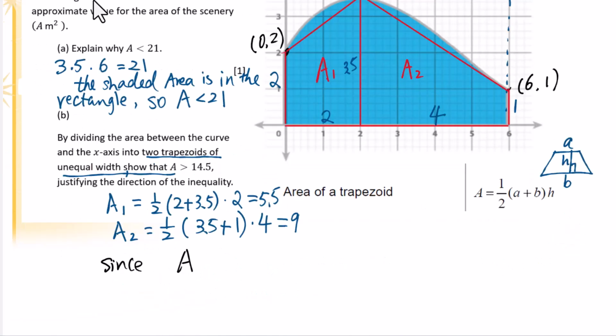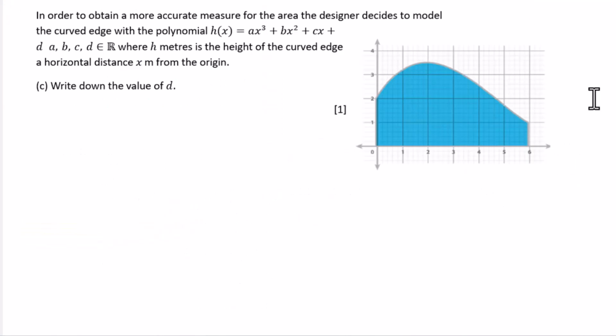Since the shaded area is greater than A1 plus A2, A > 5.5 + 9, which is A > 14.5.